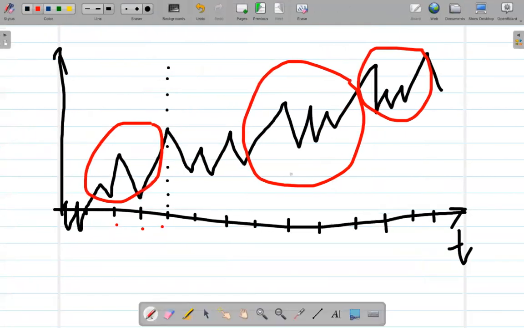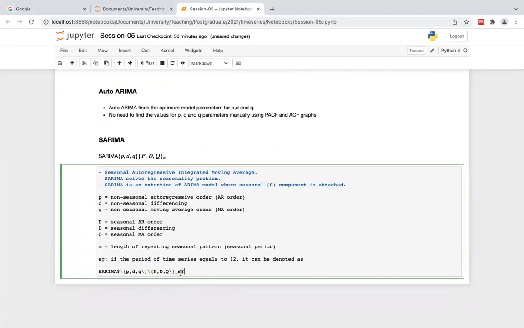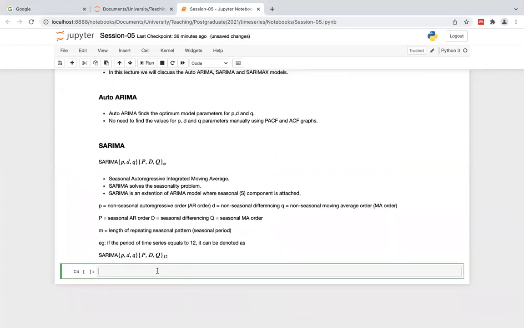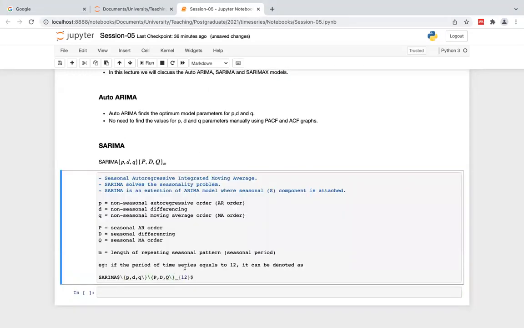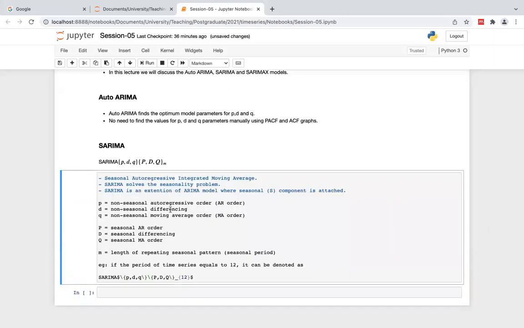Suppose it's monthly data, then 12 in the sense of 12 months, then M would be what? M would be 12, right? Actually, I have to add a line break here, otherwise it's in the same line.